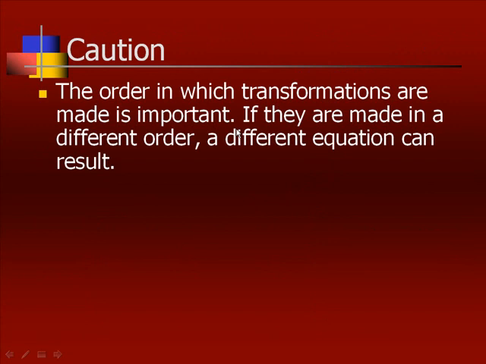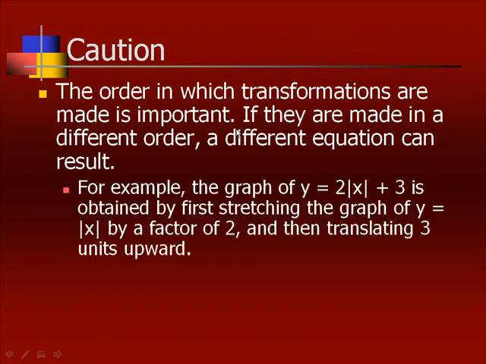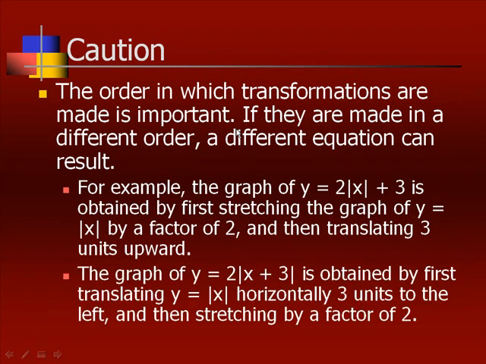Now caution, the order in which transformations are made is important. If they are made in a different order, a different equation can result. For example, the graph of y equals 2 times the absolute value of x, plus 3, is obtained first by stretching the graph of y equals the absolute value of x by a factor of 2, and then translating 3 units upward.